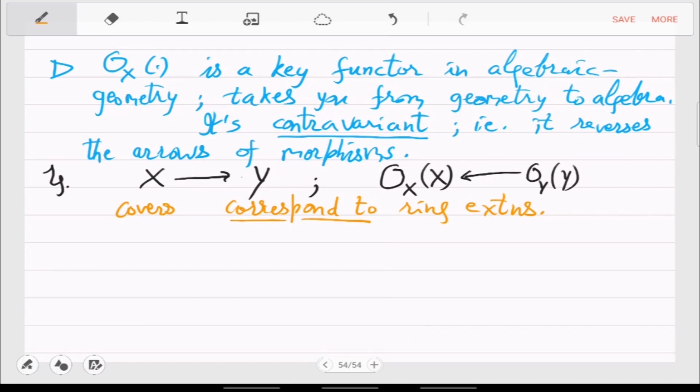Any questions? So, this we had seen also happening when we defined morphism, but now it is more precise in terms of this O_X functor. So, we will frequently be reversing the arrows and doing the analysis in proofs, right.